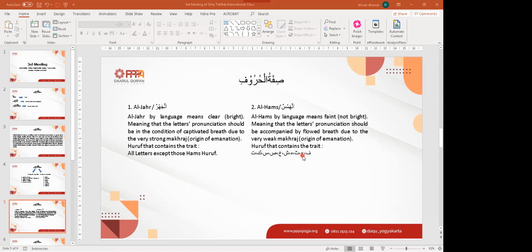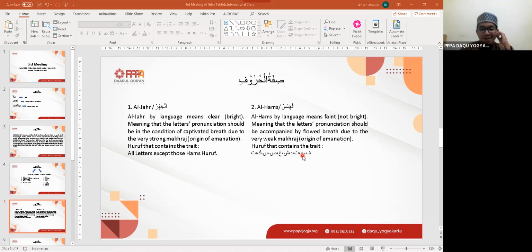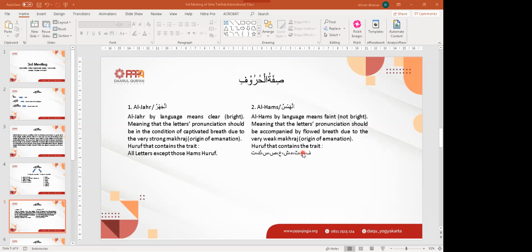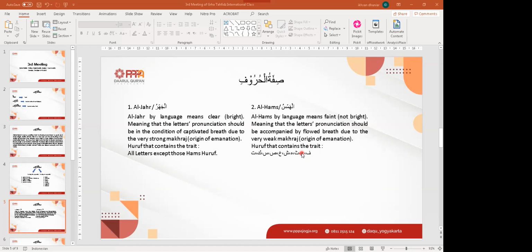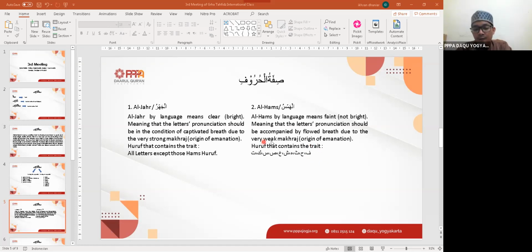Spicy food, hot food, I don't think so. How can we differentiate them? They're all different; they all emanate from different places.